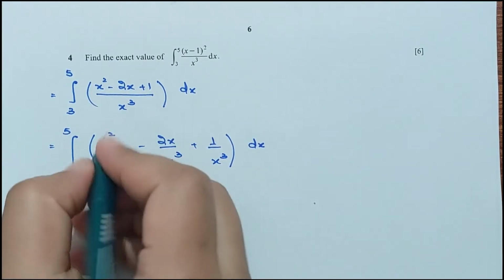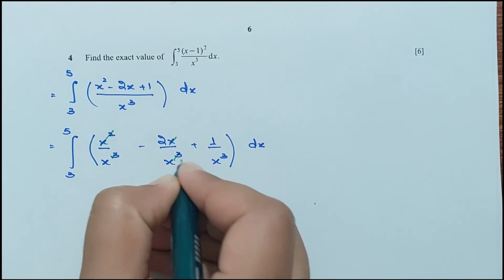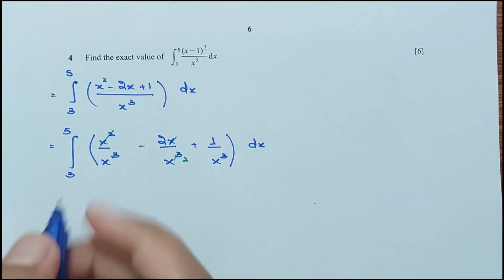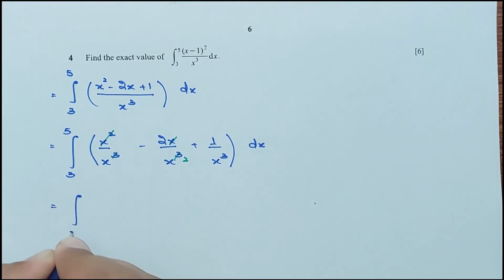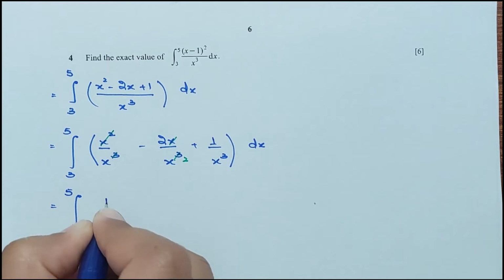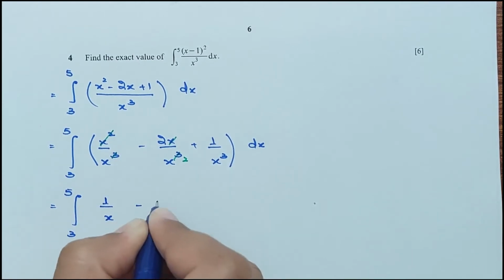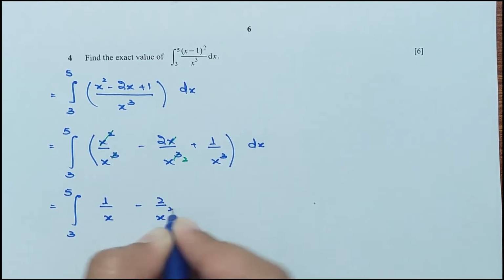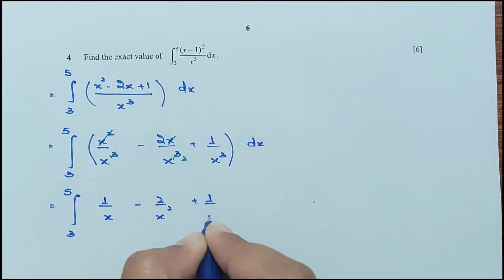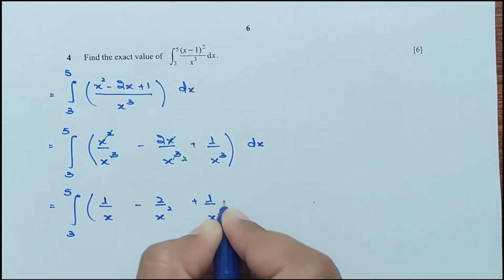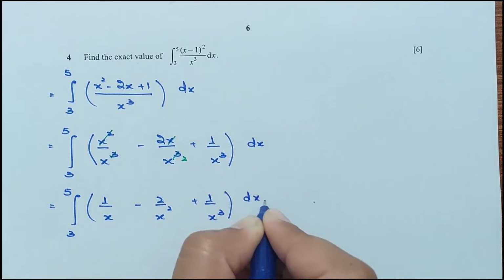Okay, so x square with this x square over here, what is left? 3 to 5, this is 1 over x minus 2 over x square plus 1 over x cube into dx, right?